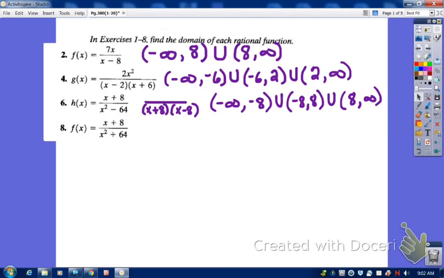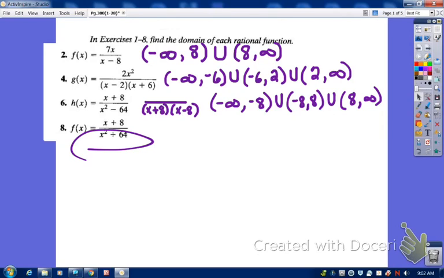All right, for number 8, a lot of people are going to miss number 8 because they're going to think there is an excluded value, but there can't be an excluded value for number 8 because if you have an x and you square it, no matter whether it's negative, positive, or 0, and you add it to 64, you're never going to get a 0 in the denominator. X squared plus 64. No, negative squared plus 64 will give you 0.